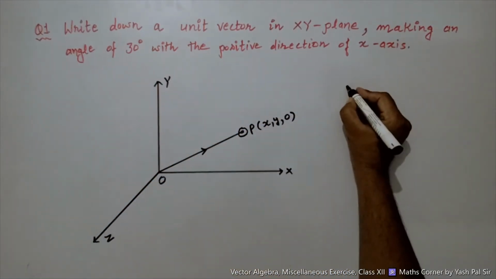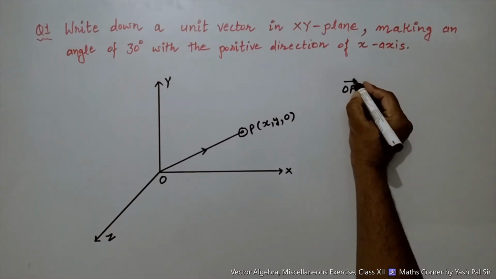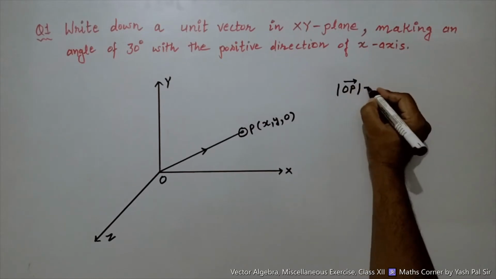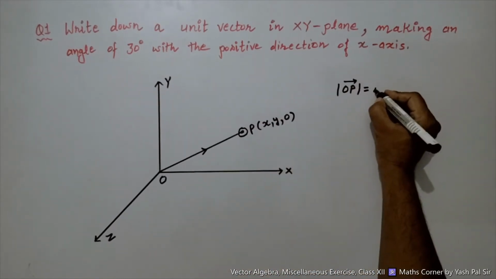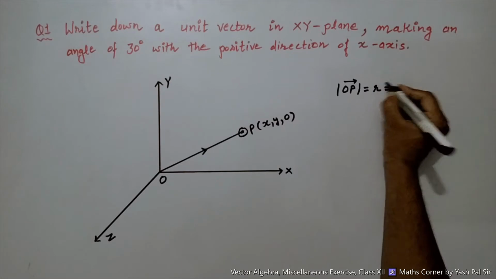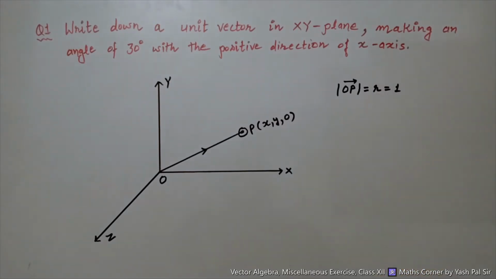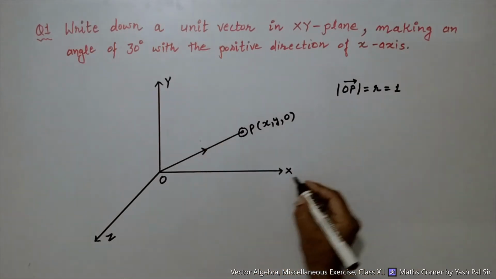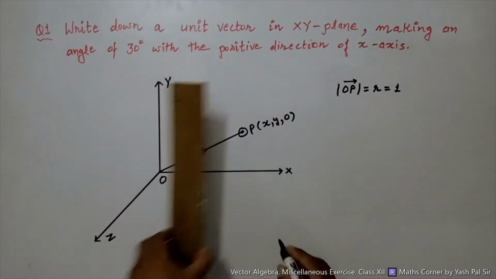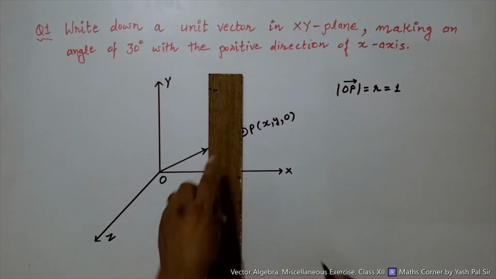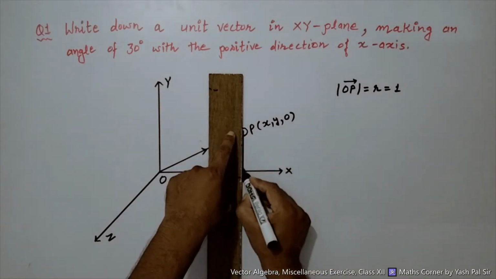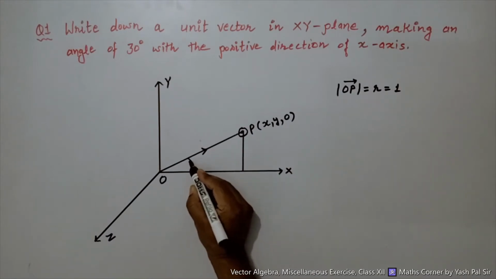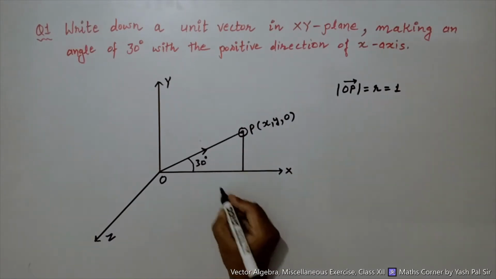Now what is given? This OP vector is a unit vector, so its distance, this is equal to r and this is equal to 1, right? So what we now say, we draw perpendicular on x axis from this point P making an angle 30 degree with x axis.